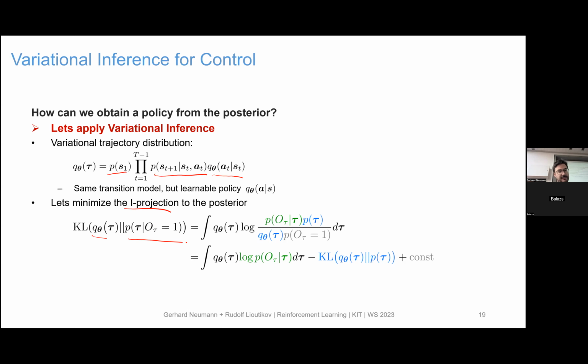Which is again equations, but in principle, you again see that we have the normalizer here. This one disappears in the constant, and what remains is basically the Q of tau log of the probability of being optimal given tau.